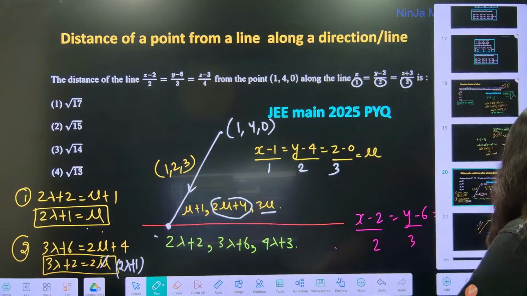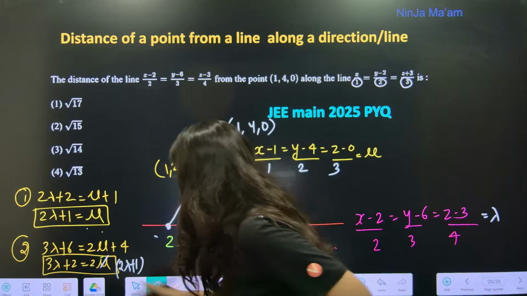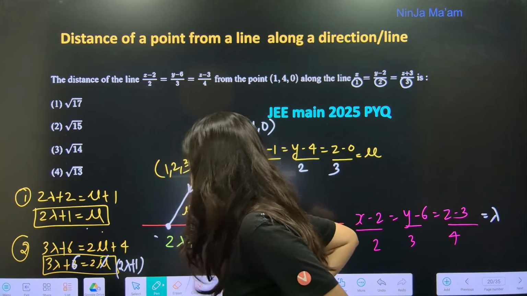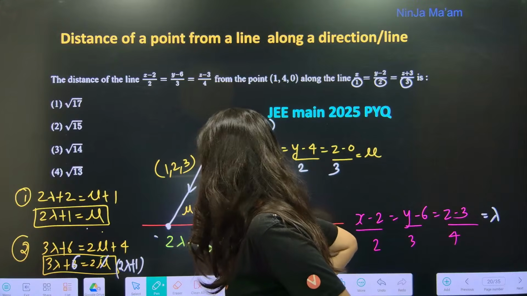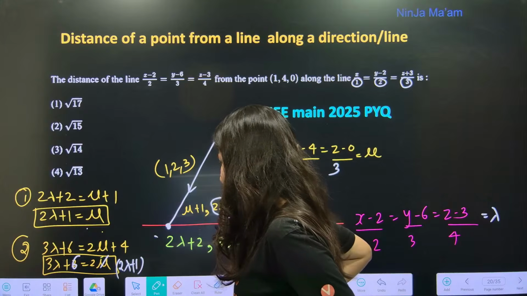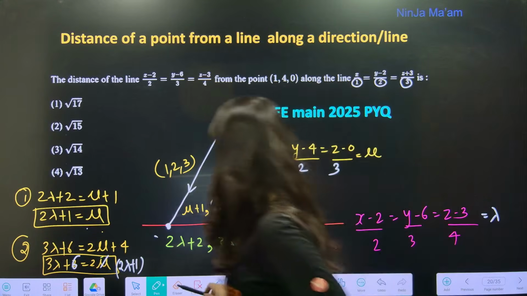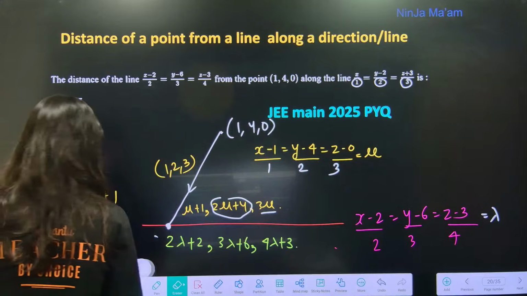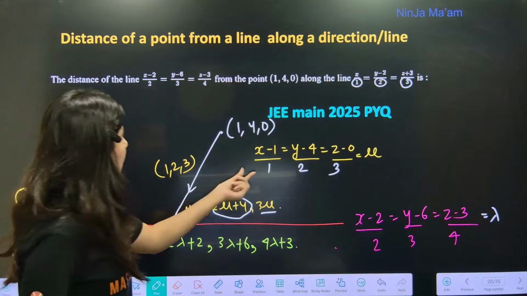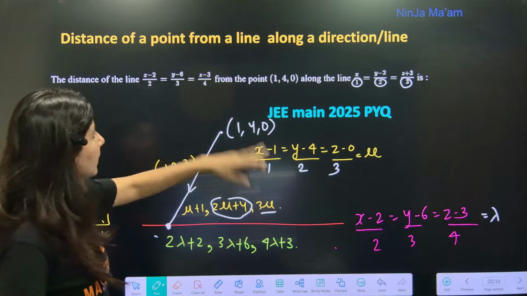Yes, lambda should be 1? How come? Let me check: 1, 4, 0, correct. 1, 2, 3, correct.